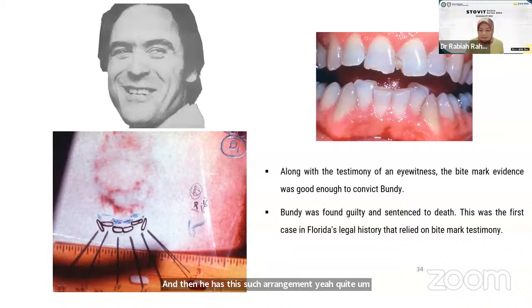This was actually the first case in Florida where a bite mark was used solely to convict the suspect. It is quite prominent because it was the first time a bite mark was the only evidence used to convict a killer.